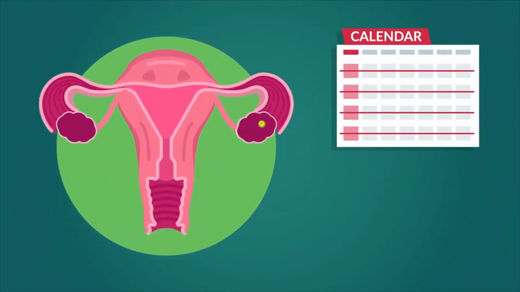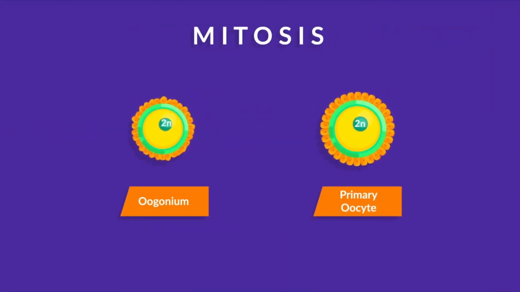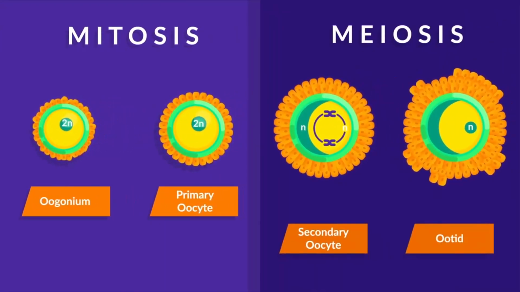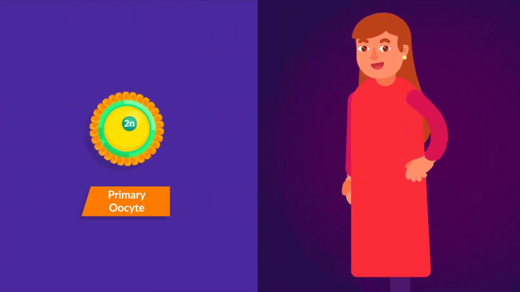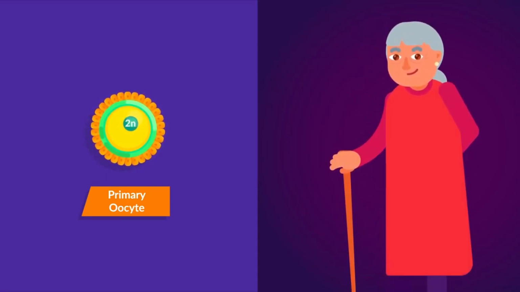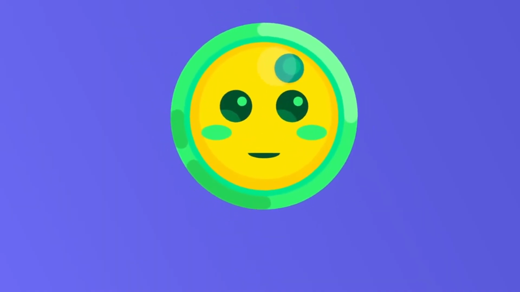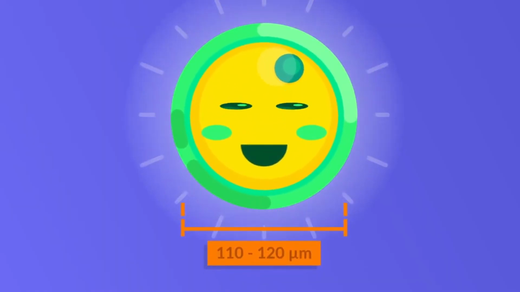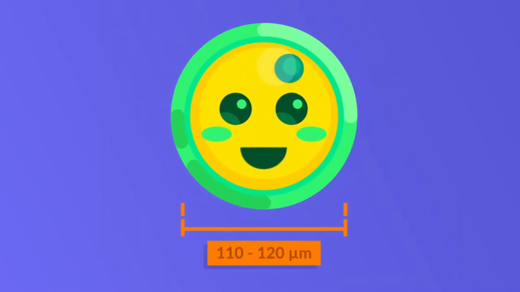The ovaries take turns to release an egg. The egg cells divide through mitosis and then go through meiosis. Most of these cells are arrested at prophase 1 and may remain like this for up to 50 years. The egg is spherical, with a diameter of about 110 to 120 micrometers.